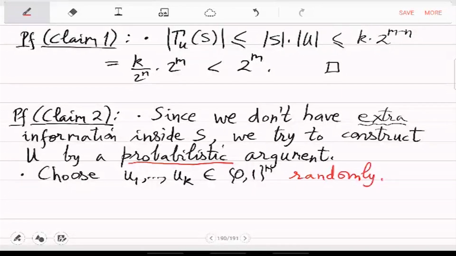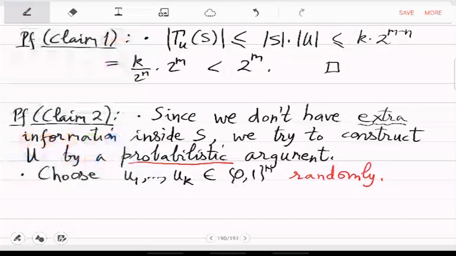Okay, so instead of trying to construct them or design them, you just pick them randomly. And let us now calculate gamma US. Does it work? So we'll basically calculate the probability that gamma US is everything.